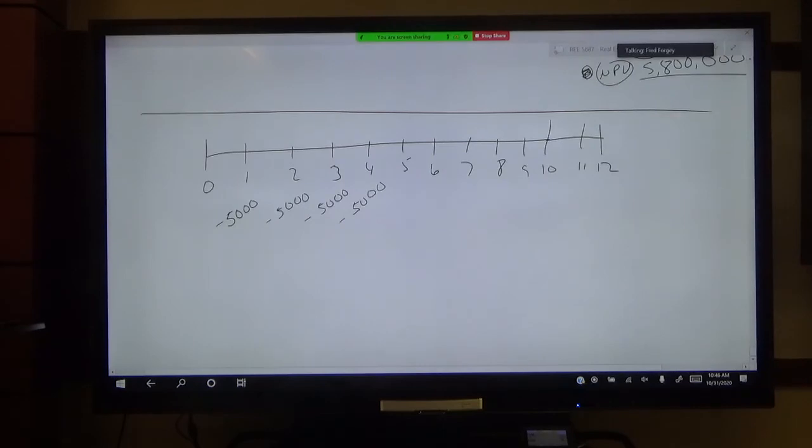And then the income is maybe, let's say, $7,000 a month for basically 8 months. So you've got 4 months of expenses, 8 months of income.